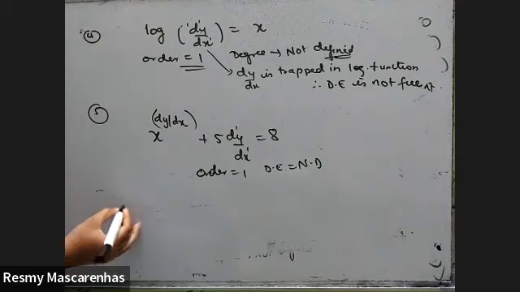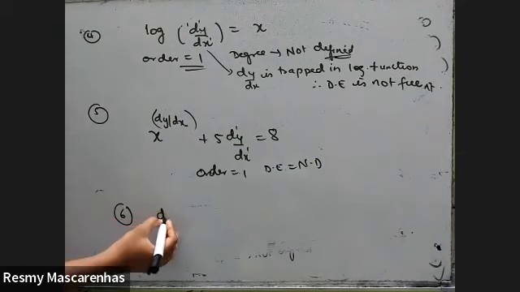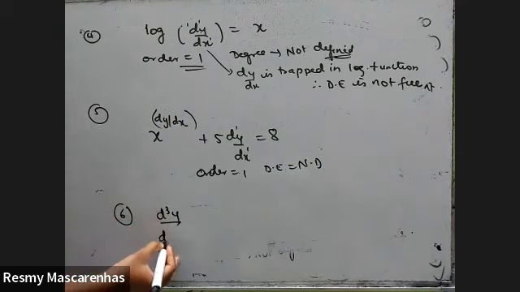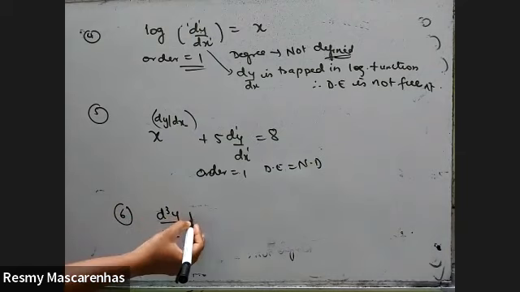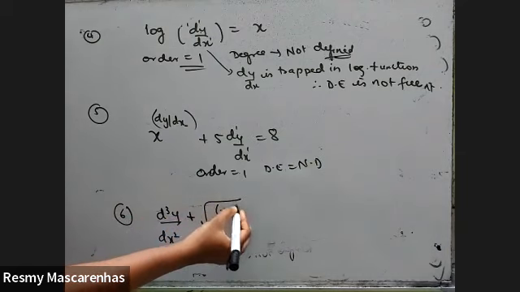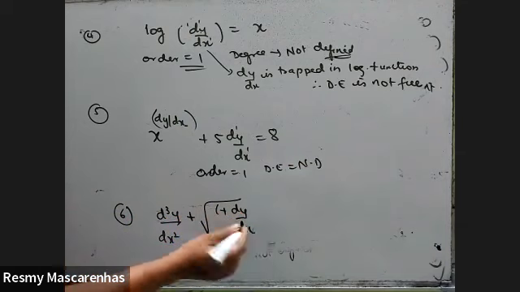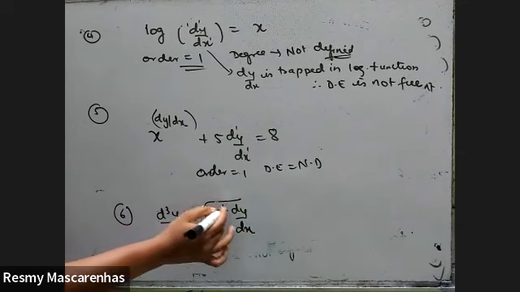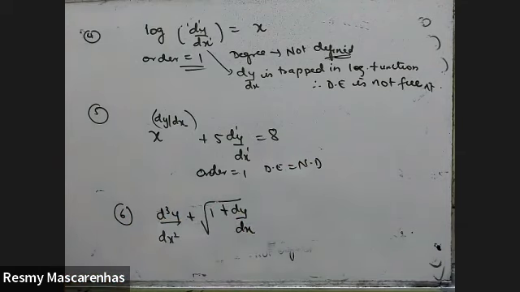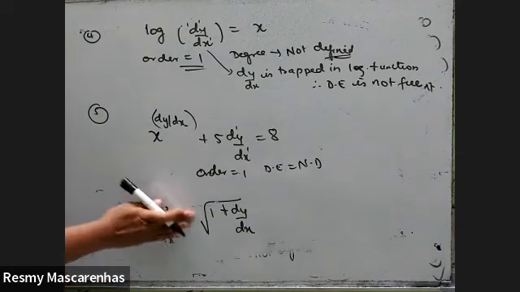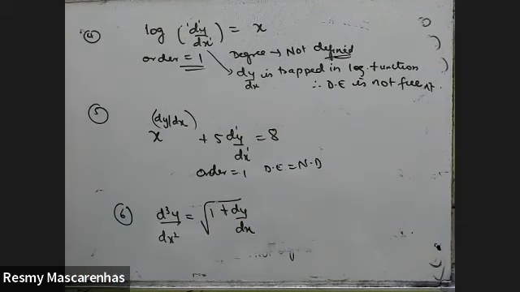Next one. Don't directly go and write order is 3 and degree not defined. Don't write straight away. First check whether it is possible to remove it or not.